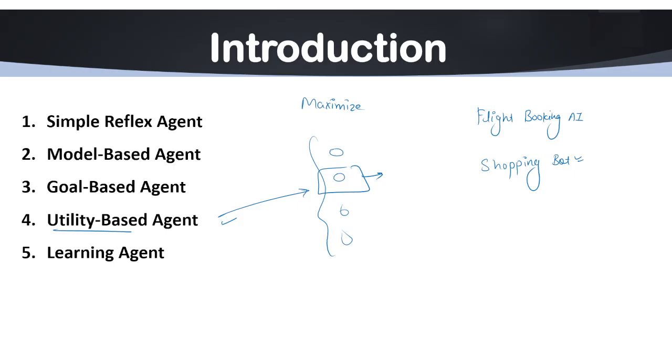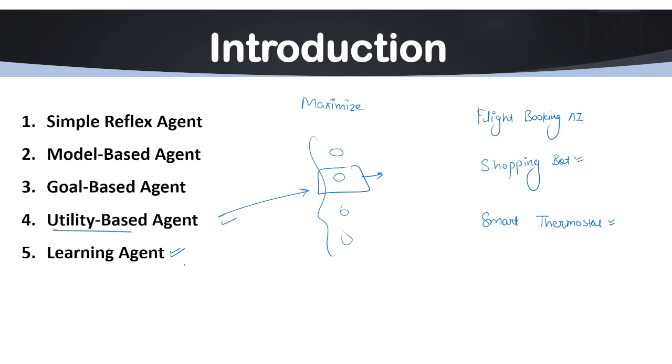If your goal is to buy the product, the shopping bot chooses the cheapest and best quality products for you. Another is your smart thermostat. It adjusts the temperature for maximum comfort with minimum energy use. All these are the examples of utility based agents.